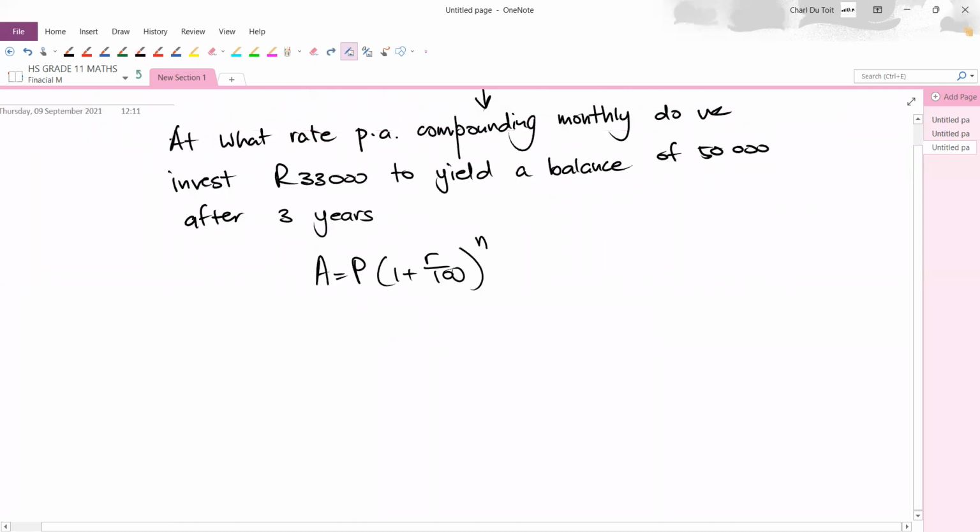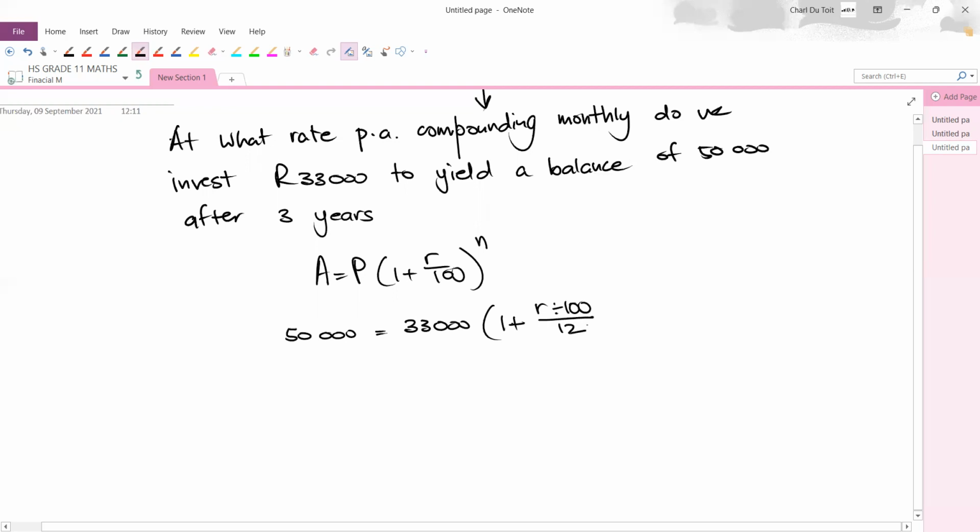So the accrued amount at the end is 50 grand. We're starting off with 33,000 as an initial amount. 1 plus the rate. So the rate is the percentage. And we're going to divide that with 100 and put that over 12.